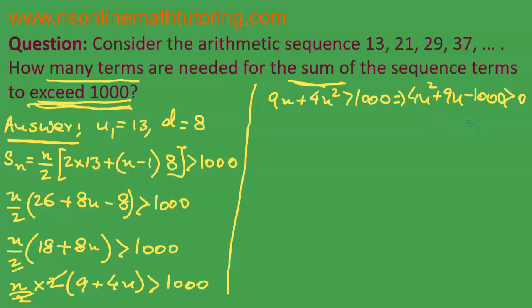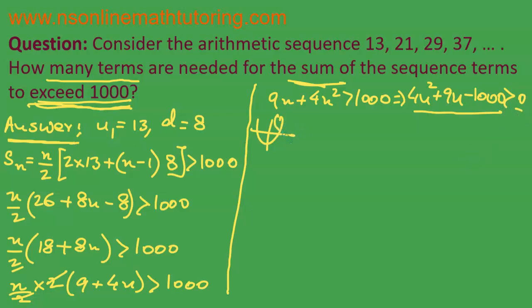Since this is an inequality, what will be the corresponding graph of this quadratic expression? It will obviously be a parabola. And which parts can be taken? The values of n which will give the function value more than 0, that is, above the x-axis.